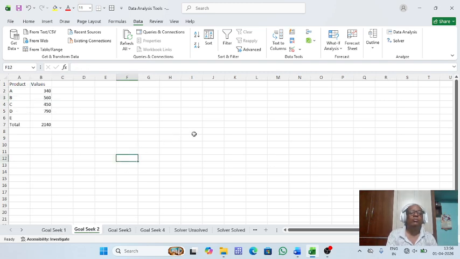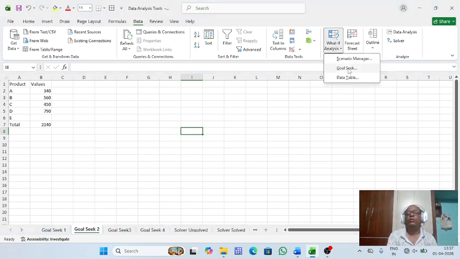Then Goal Seek 2, what is that? Now see, there are 5 products A, B, C, D, E. The values total 2,140. If you want a total value of 3,030, then what will be the value of E? What is the value of product E to be sold? Go to What-If Analysis, Goal Seek.